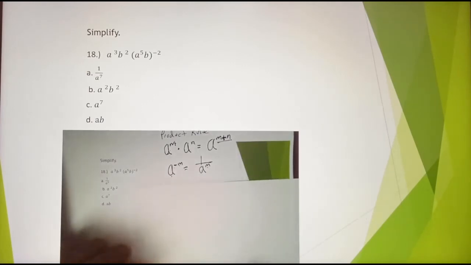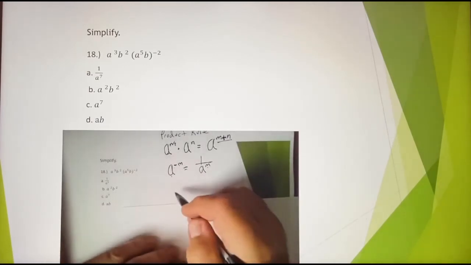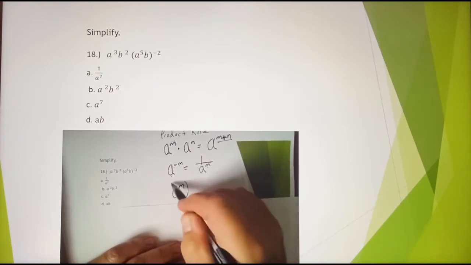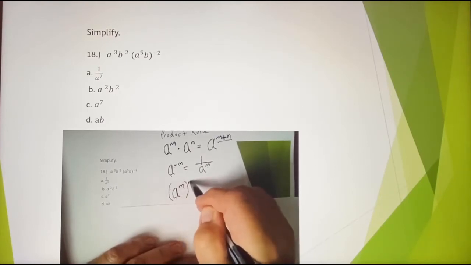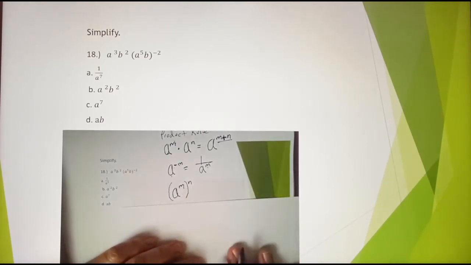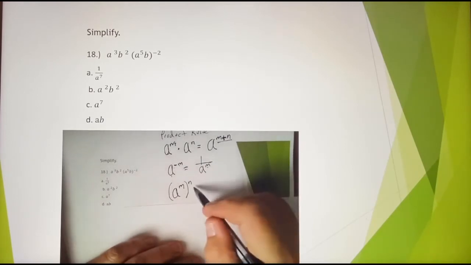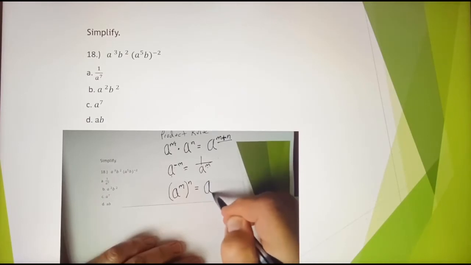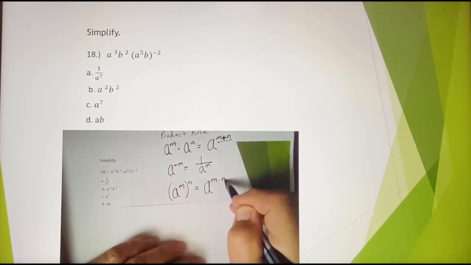Another thing you might need to know would be the power of a power rule, which tells you if you've got something such as a to the m and the whole thing is raised to the n, then all you do is copy over the base again, and you're going to multiply the exponents.